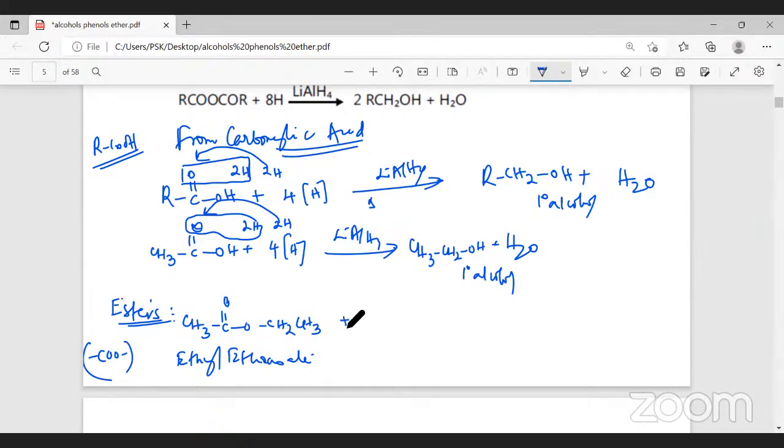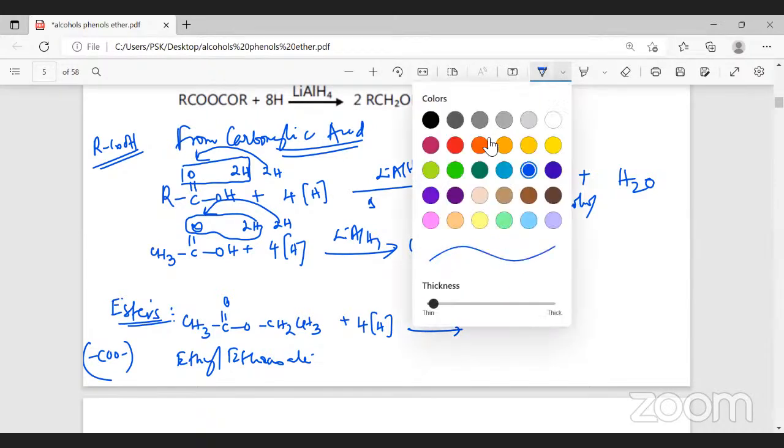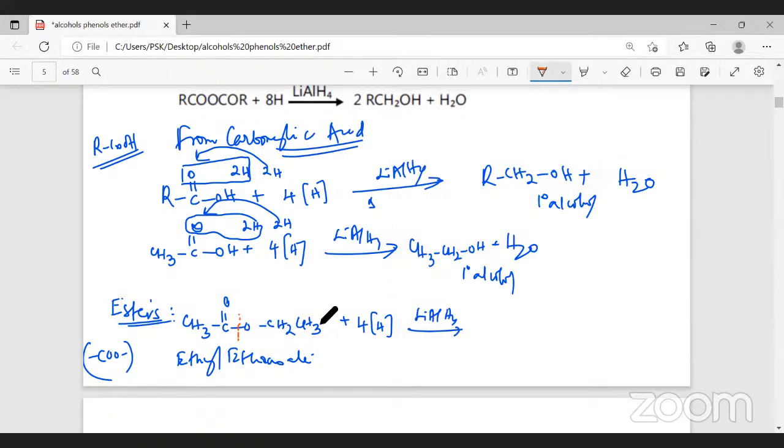Now this ester, when we reduce using again lithium aluminum hydride, the bond between oxygen and carbon breaks. You have four hydrogens. One hydrogen attacks this oxygen, therefore you get CH3CH2OH.